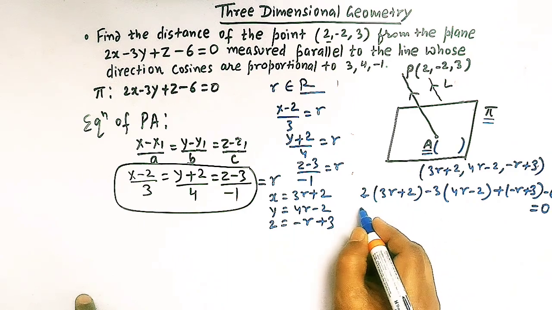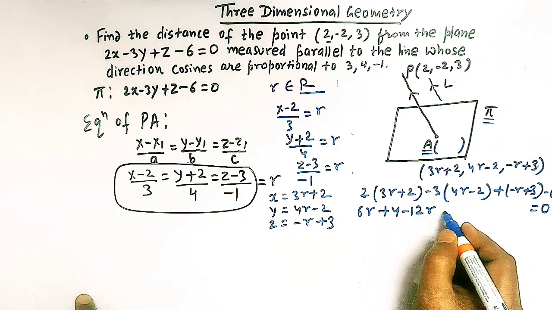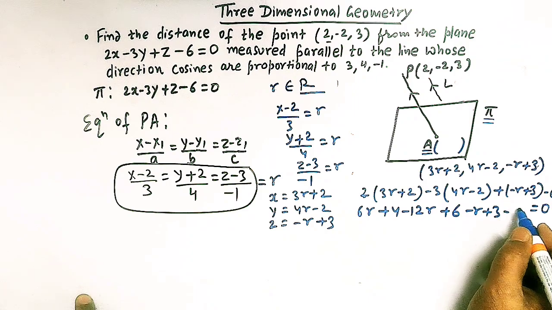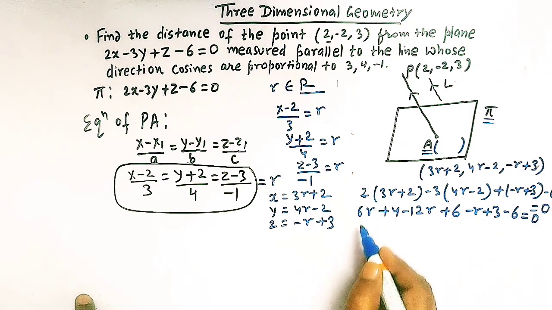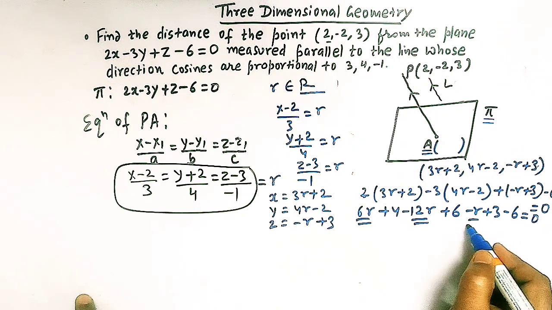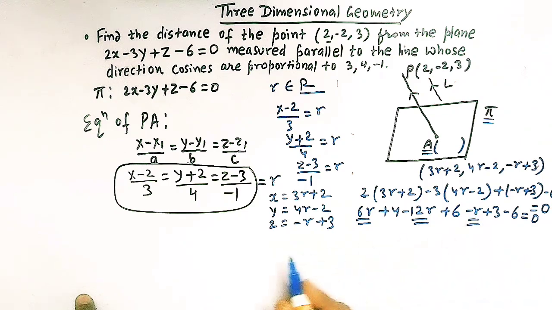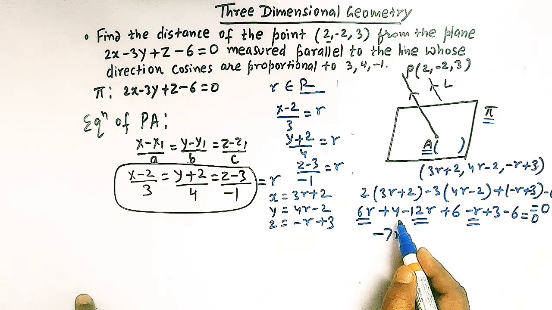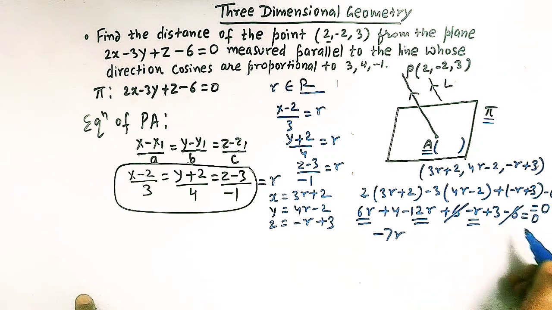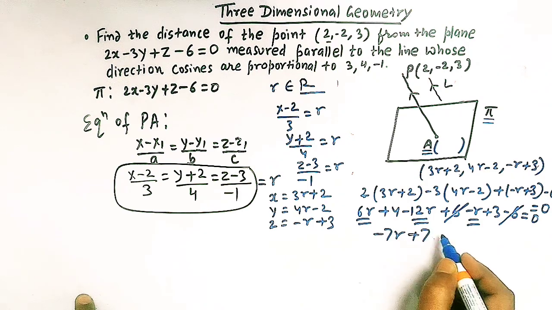So we have 6r plus 4 minus 12r plus 6, and minus r plus 3, and minus 6. So 6r, minus 12r, and minus r gives minus 7r. The constants 6 and minus 6 get cancelled, and 4 plus 3 is 7.